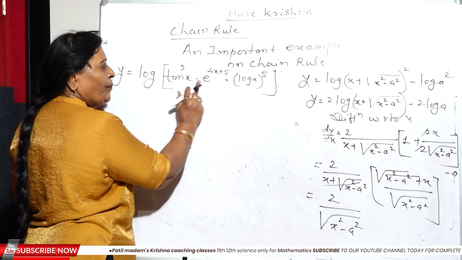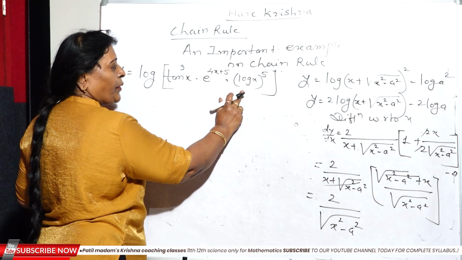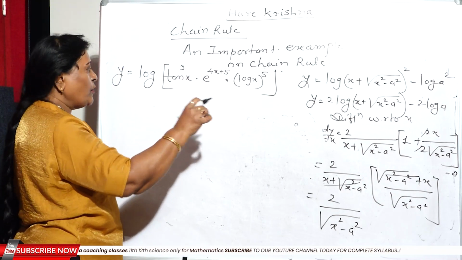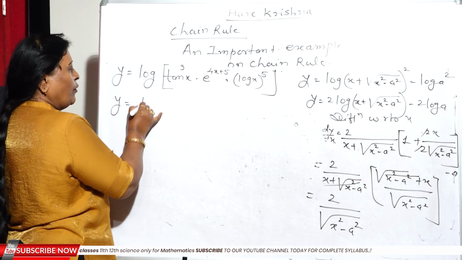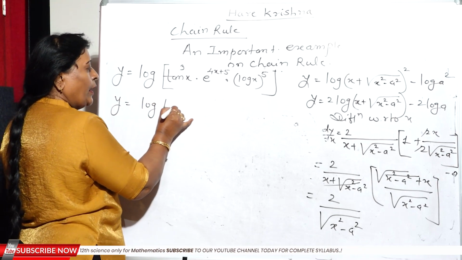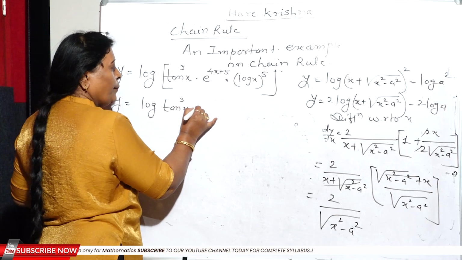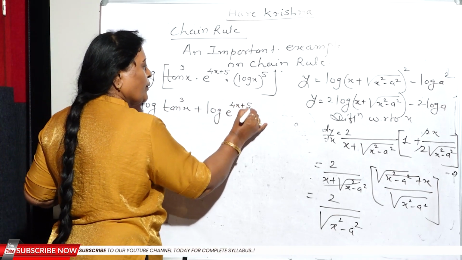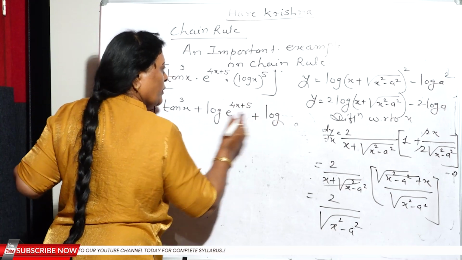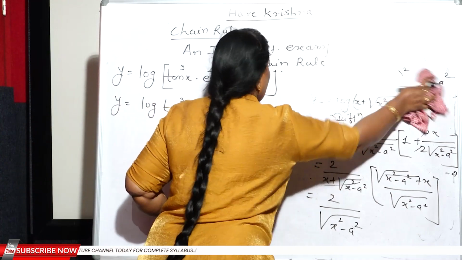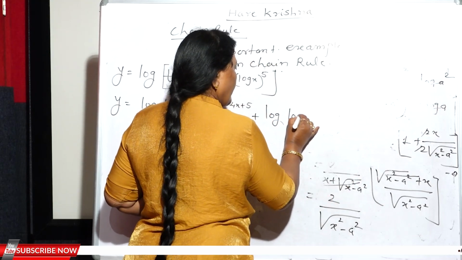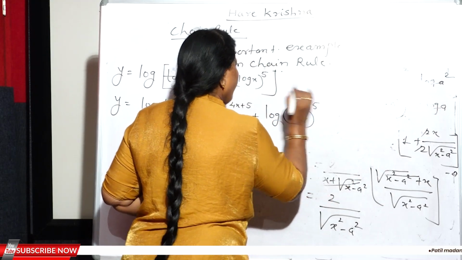Again this is a, this is b, and this is c. Log abc means what here? Log of a plus log of b plus log of c. Therefore here log of tan cube x plus log of e raised to 4x plus 5 plus log of, see here, log x to the power 5, right?